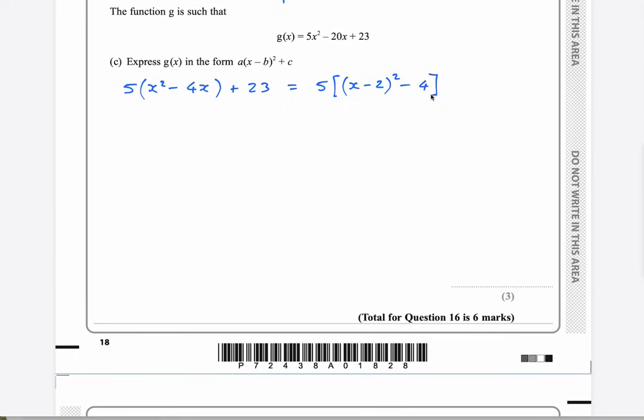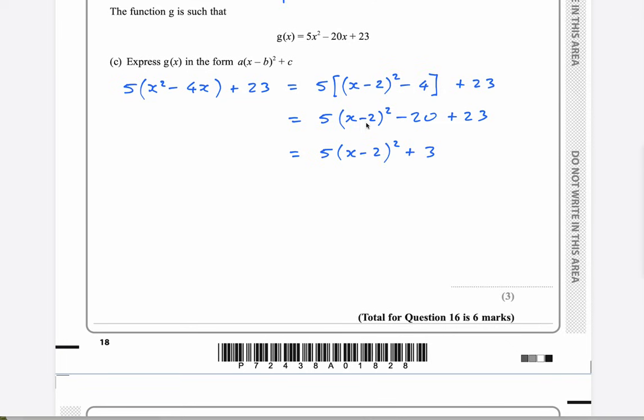I close this bracket, and the plus 23 is just here on its own, doing nothing. It's fine. I then multiply out the bracket. So this gives me 5 times x minus 2 squared minus 20 plus 23, which is equal to 5 times x minus 2 squared plus 3.